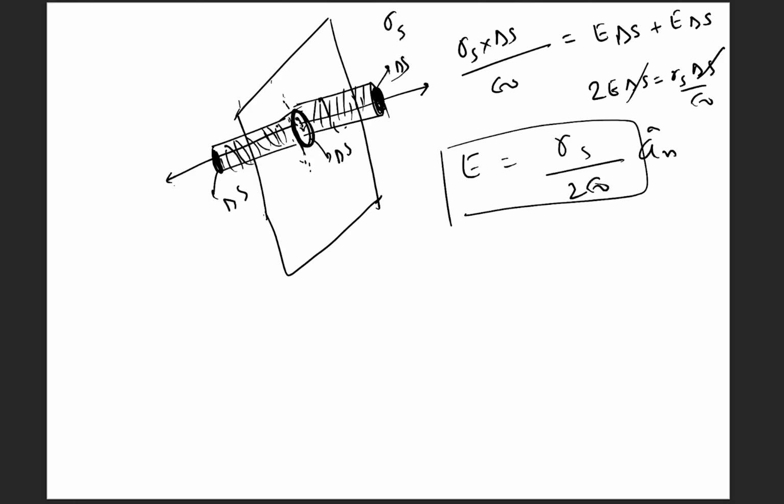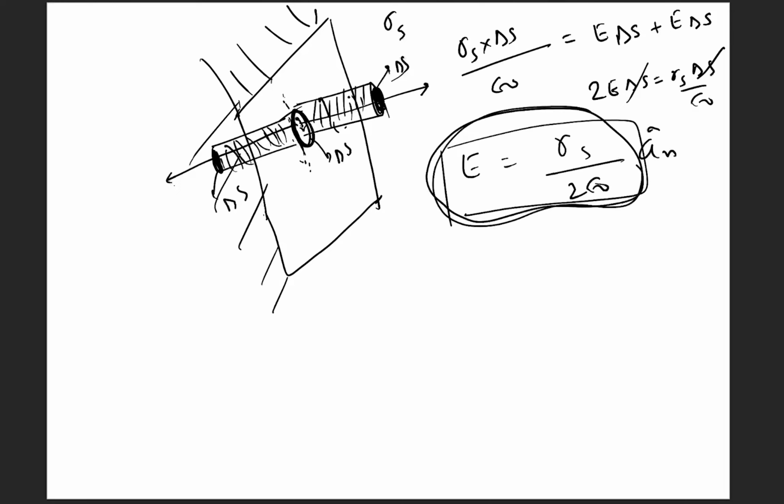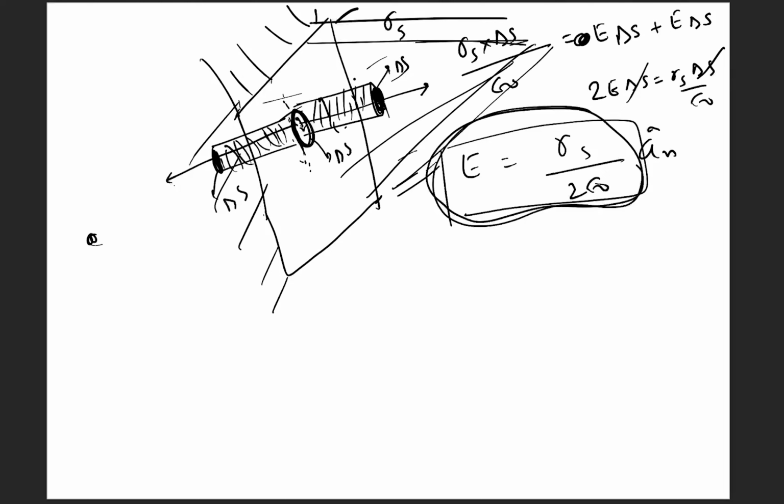So you see that this field does not depend upon the distance from the sheet. Why? Because we have assumed that this sheet is infinitely long in all directions. So no matter how far we are from this sheet, the charges which are going to create the field increase in the same proportion as the distance, like in the x direction as well as the y direction.